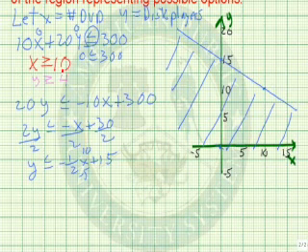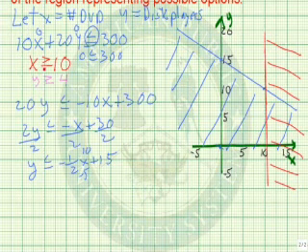Let's graph x greater than or equal to 10. Remember, x equal to 10 would be the vertical line at 10. And we want x greater than that, so it would look something like this. Notice here that it includes or equal to, so it's a solid line one more time.